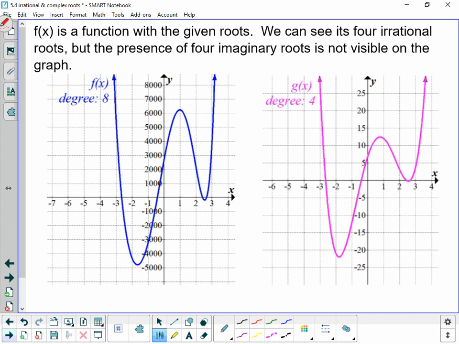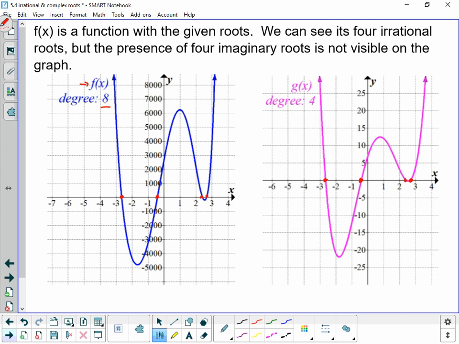Okay. Sometimes people wonder why these imaginary roots even matter. The presence of the imaginary roots is not necessarily visible on the x-axis. So I just wanted to show you these two functions. This one is function f of x. It's a degree 8 polynomial, and it has roots that are exactly the same as this polynomial g of x.